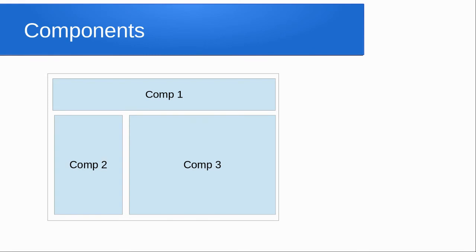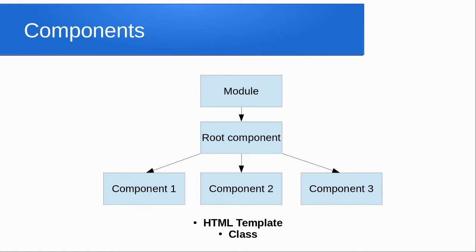But again, your Angular application has a built-in component which is called the app component or root component. All the components are nested under the root component. Each component will have an HTML template. So under the module, the root component contains many components, and each component has its HTML template, which controls the view, and a class which holds the logic behind it.